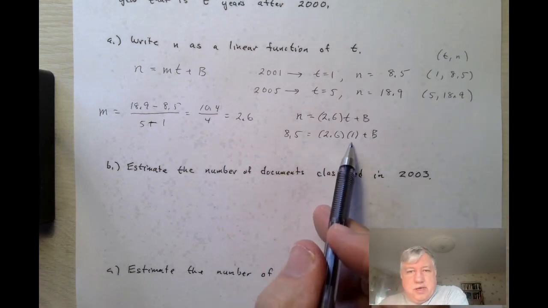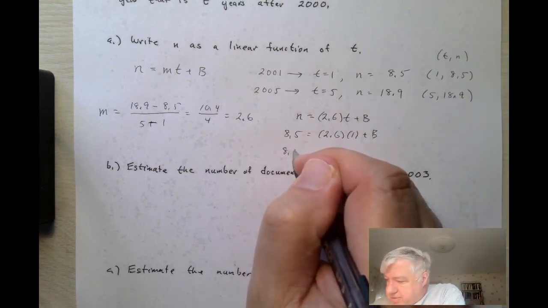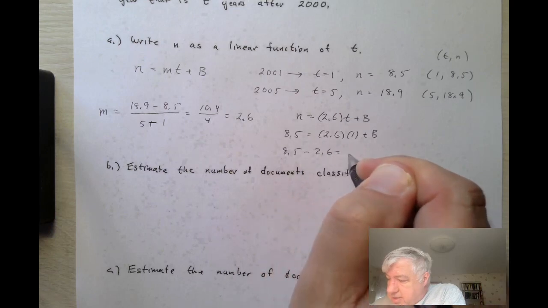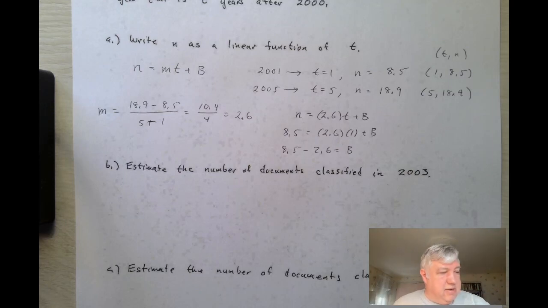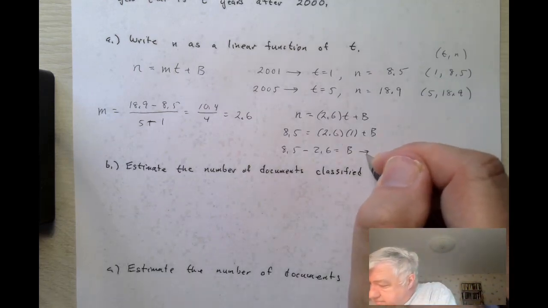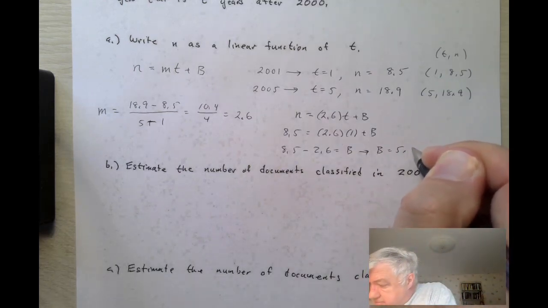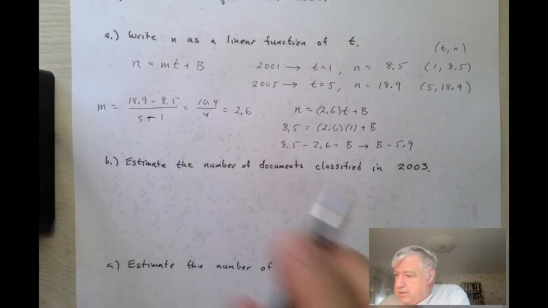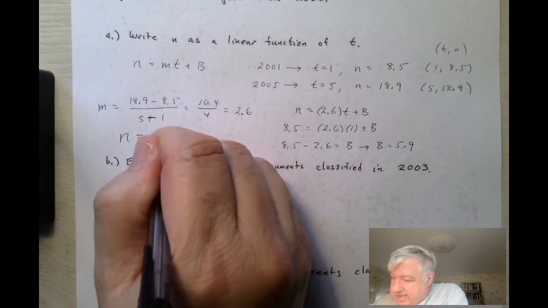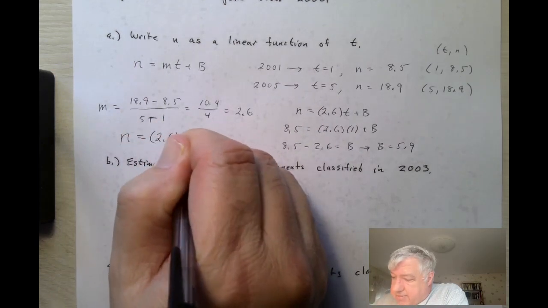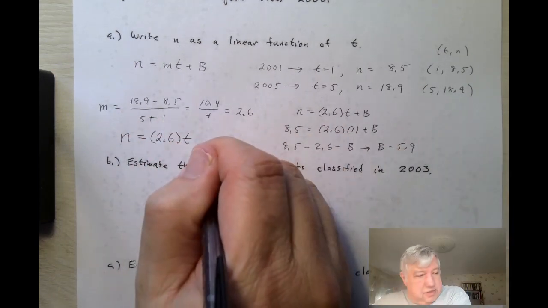This is 2.6. We subtract 2.6 from both sides, and we get b is this difference, and so b turns out to be 5.9. So we get our n is equal to 2.6 times t plus 5.9.